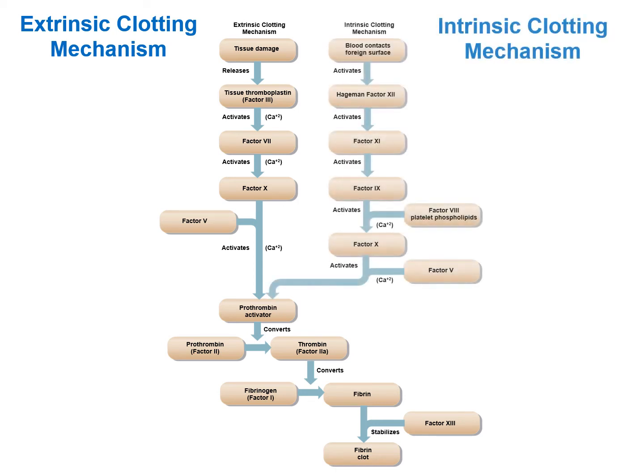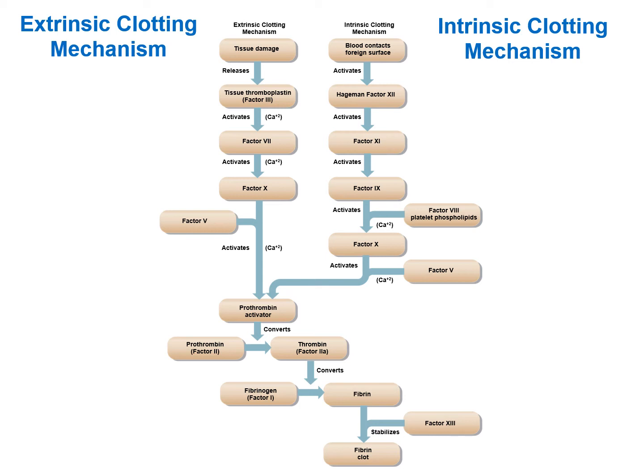This also fits into the whole entire equation, if you will. So it employs, again, initially some very different clotting factors, doesn't it? Hageman factor 12 and factor 11 and 9 are unique to intrinsic clotting, which, remember, occurs if blood comes into contact with a foreign surface in the absence of tissue damage.